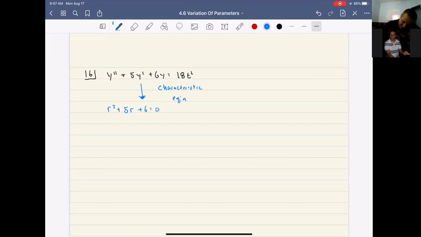So we get r plus 3, r plus 2 equals 0. Just check. Yep. Okay, so r equals -3 and r equals -2.